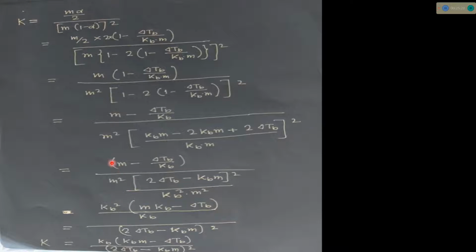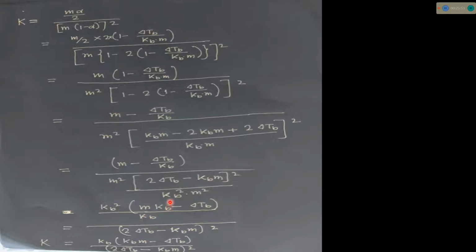This kb square goes to the numerator as a multiplication form. So kb square into m, if we calculate this, m into kb minus del Tb upon kb.